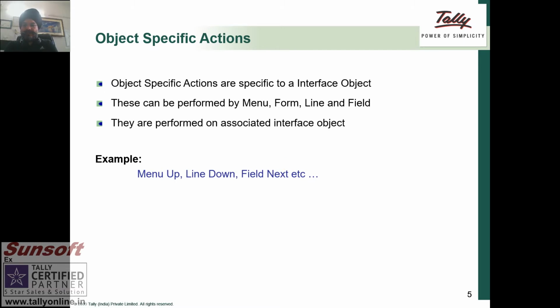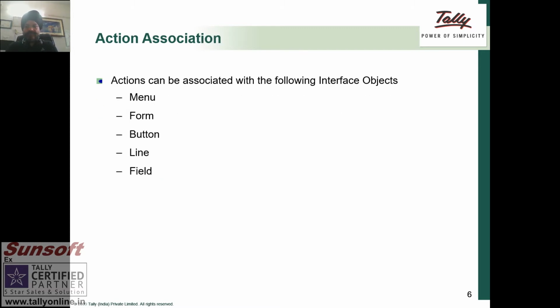Then there are some object specific actions, which work with the object, like menu up, line down, next field. Menu up means whenever we are at the menu level, only then menu up will happen. Line down happens when we are at a line, and field next will be on the next field. Now action association: suppose I give a key action, like on a form I have defined a button.